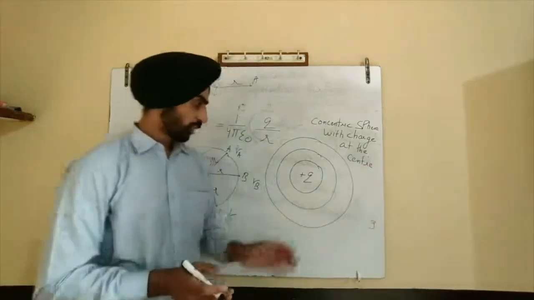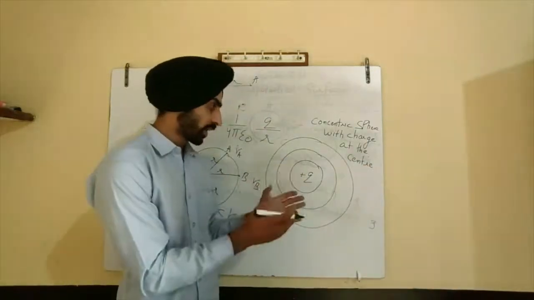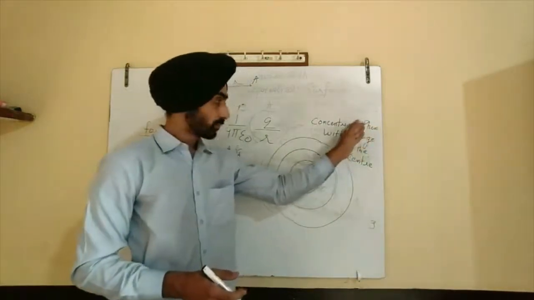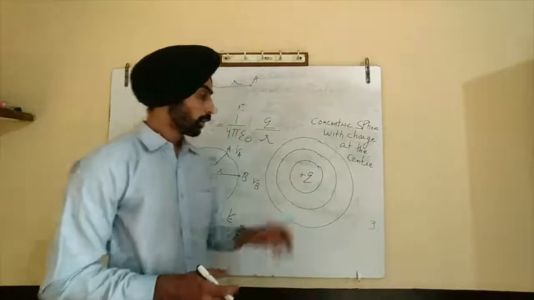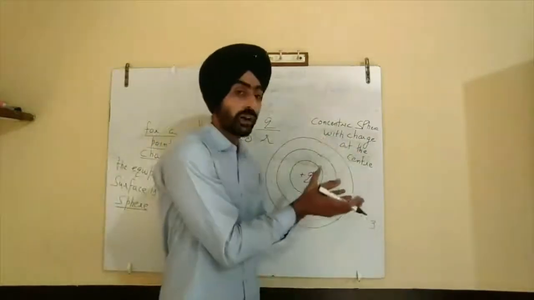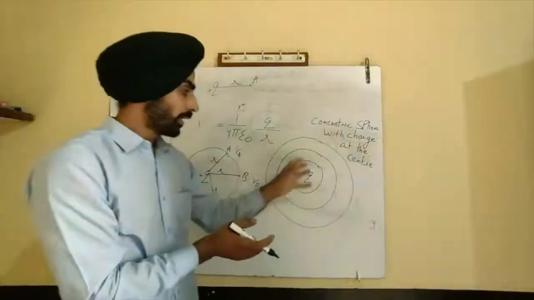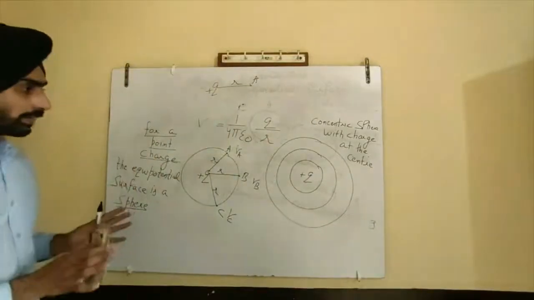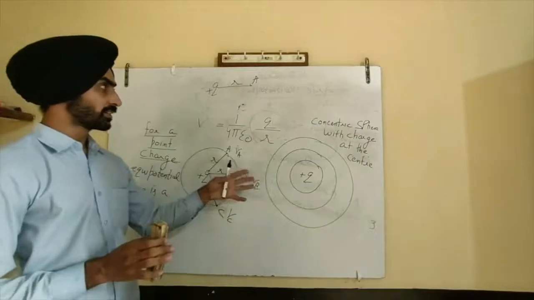So the equipotential surface for a point charge or for a test charge is concentric spheres with the charge at the center. This is the shape of an equipotential surface for a test charge. This is the second concept, we have done with it.